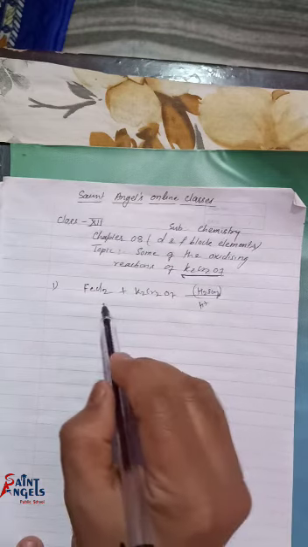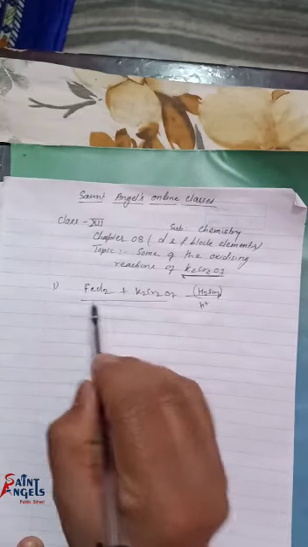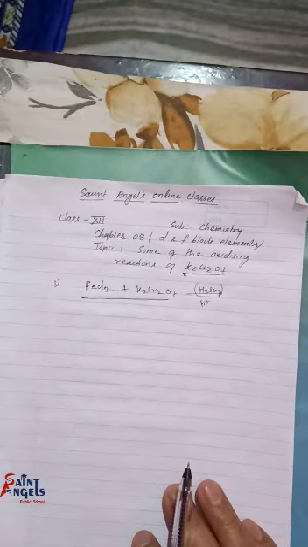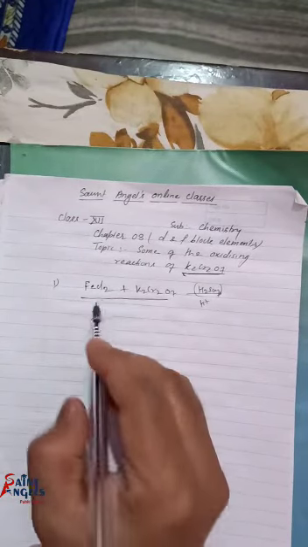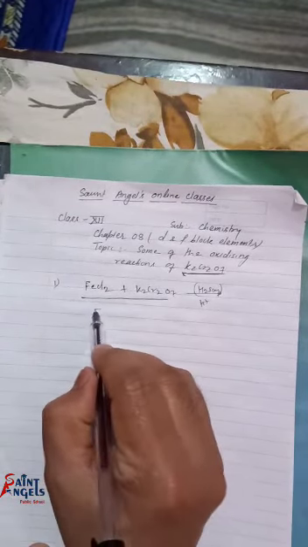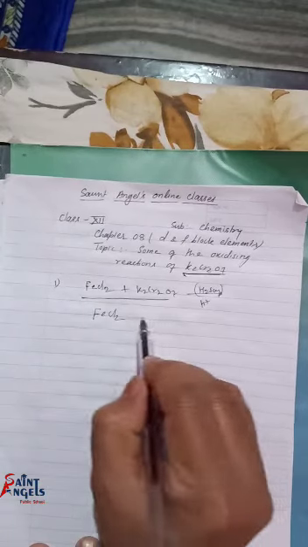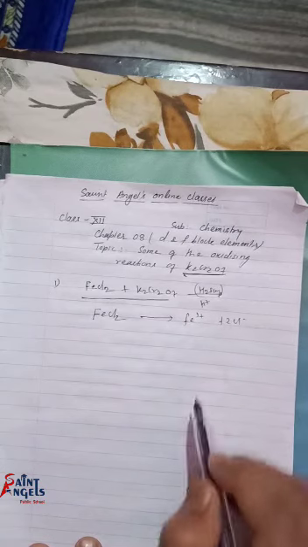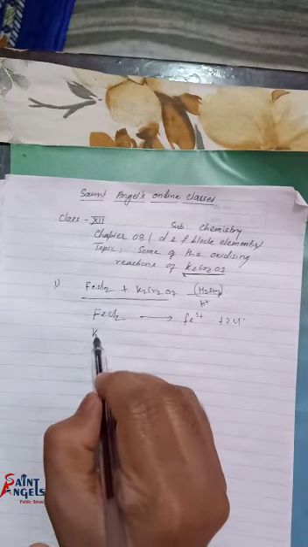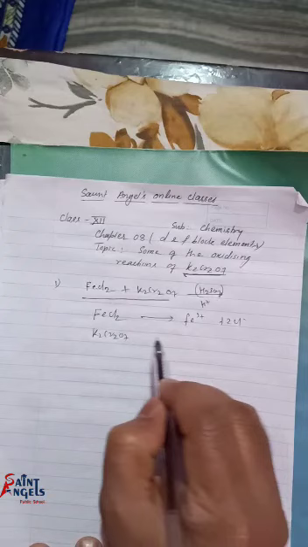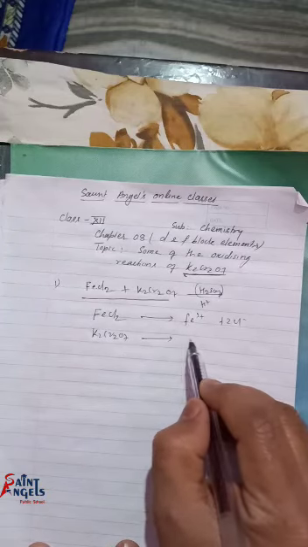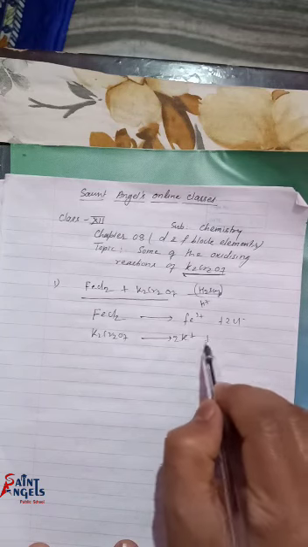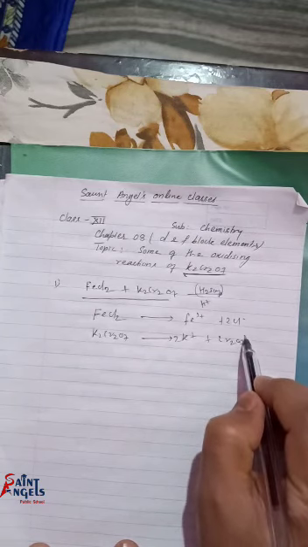So now you see, if you have to complete this reaction, then FeCl2 will ionize into Fe2+ and 2Cl-, and K2Cr2O7 will also ionize into 2K+ and Cr2O7 2-.